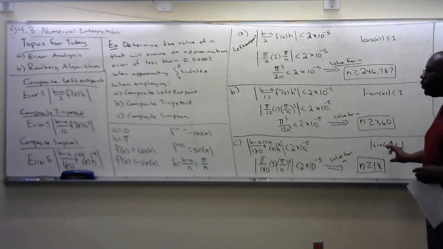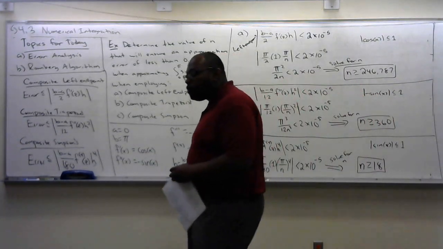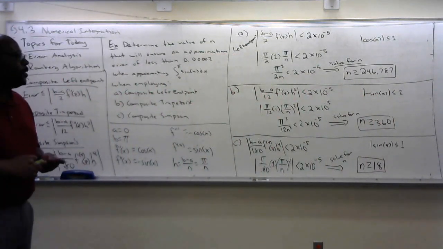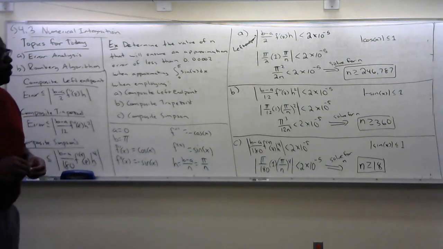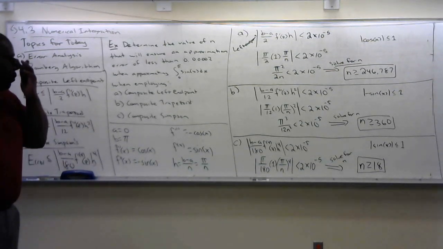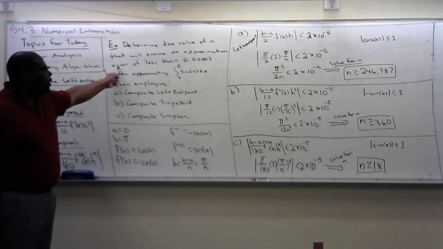Remember, for Simpson rule, you should always use n to be an even number. So you should not use 17 subintervals or 21. You need to use either 18 or 22 or 20, whichever one is closest to your number, and you want to make sure that you go over to guarantee your error is met.